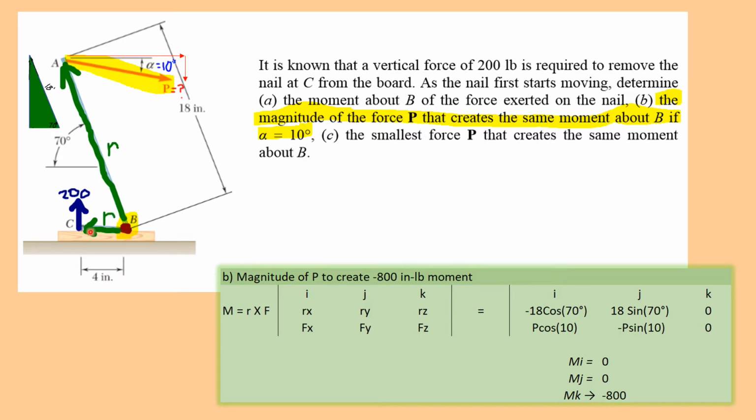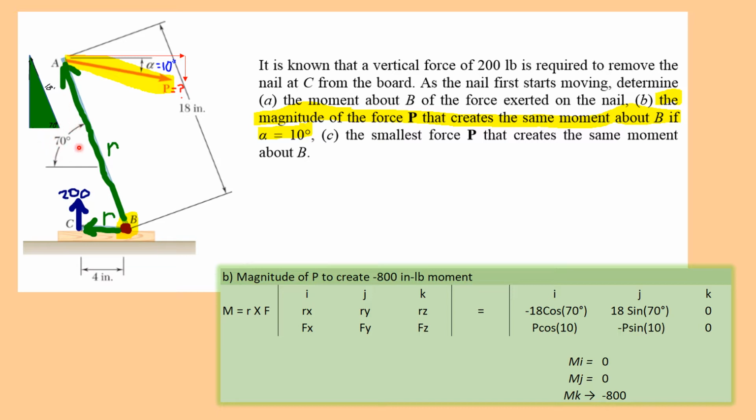Okay, so here is the nail, and it's going to be pulled up by R cross P. Break everything into X, Y, Z components. Let's look at our position vector. So we're going from B up to where the force is applied.